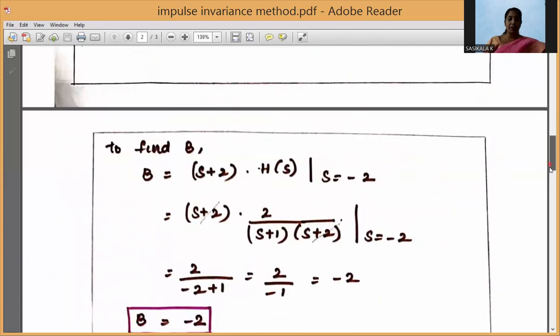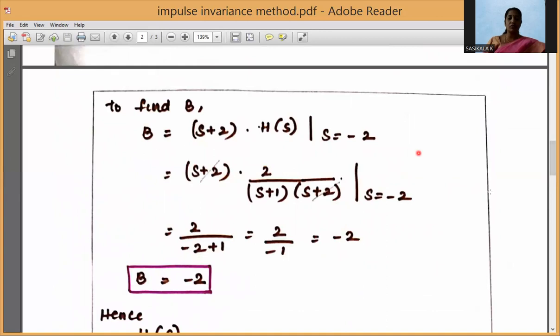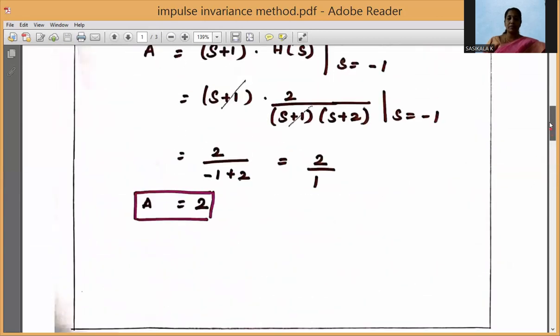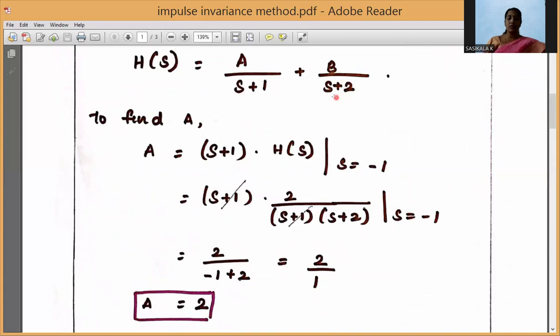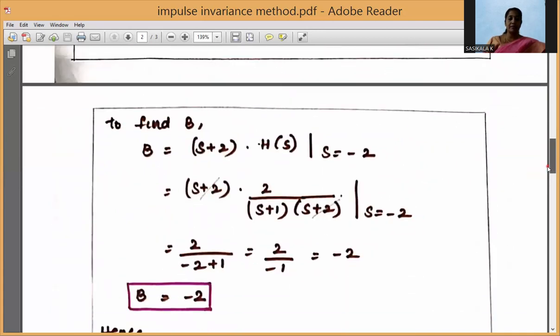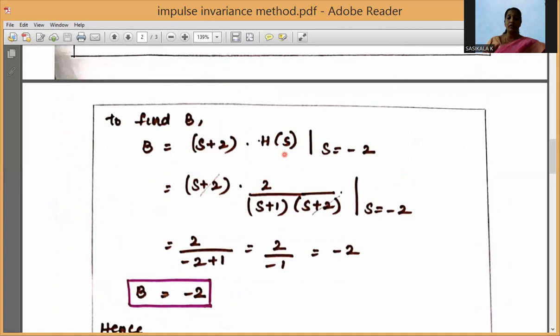And now we need to find B. The denominator of B is s+2. So B is equal to (s+2) times H(s), where s is substituted by -2. Now (s+2) times H(s), where H(s) is 2 / ((s+1)(s+2)), and substitute s = -2. Here the (s+2) and (s+2) terms will get cancelled, and now substitute s = -2 in the remaining terms.